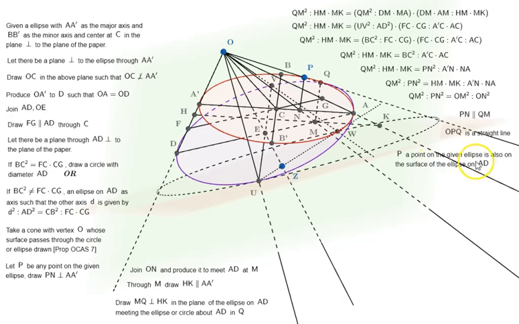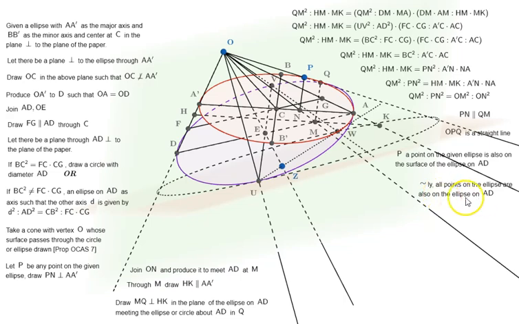Now, P is a point on the given ellipse, and is also on the surface of the ellipse on AD. Since OPQ is a straight line and P lies on the given ellipse, Q lies on the purple ellipse. So that means P, a point on the given ellipse, is also on the surface of the ellipse on AD.